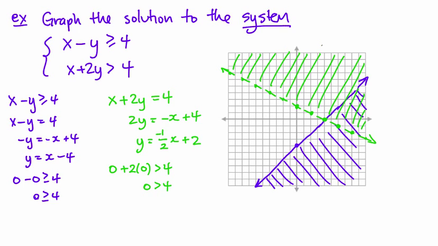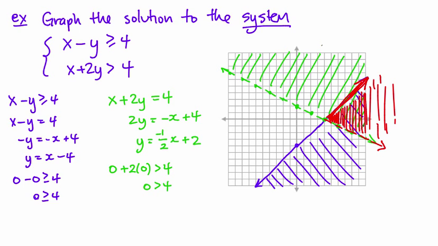And now you'll see that there's an overlap. So this line here and this dotted line here are the boundaries, and this area here was both blue and green, and it continues in that direction. And that red area is the solution area. So the easiest way to show it is to use different colors, or you can kind of see I used different directions for my blue and my green, and I got kind of a crosshatch in the middle.